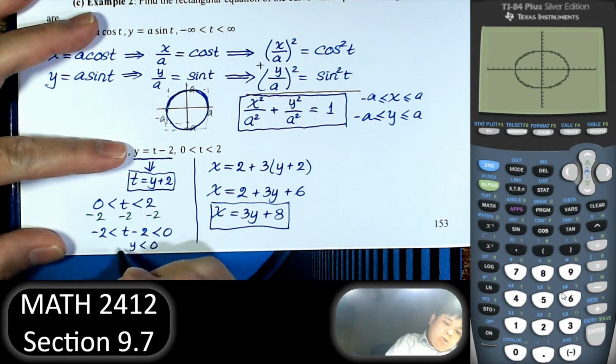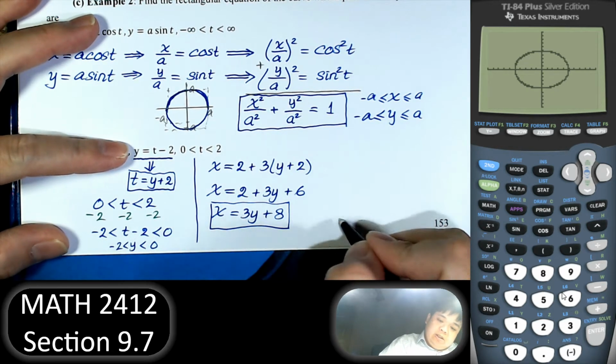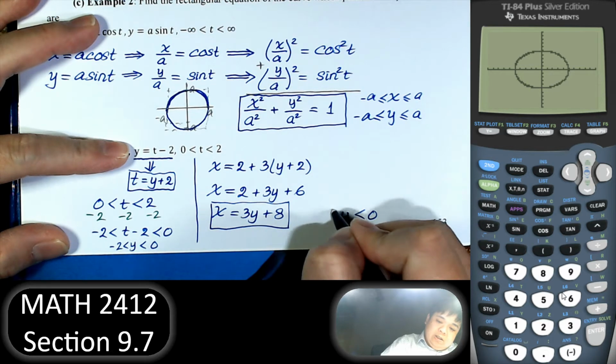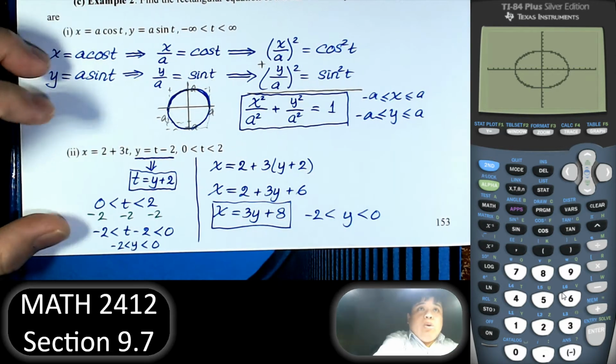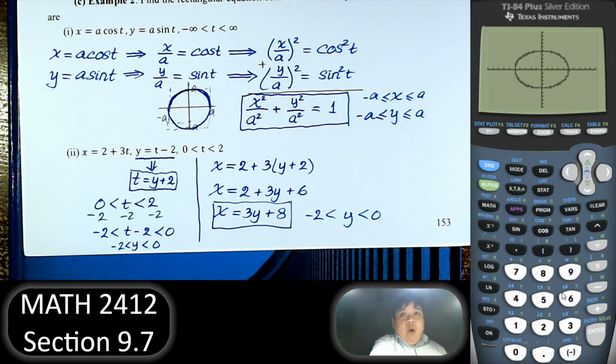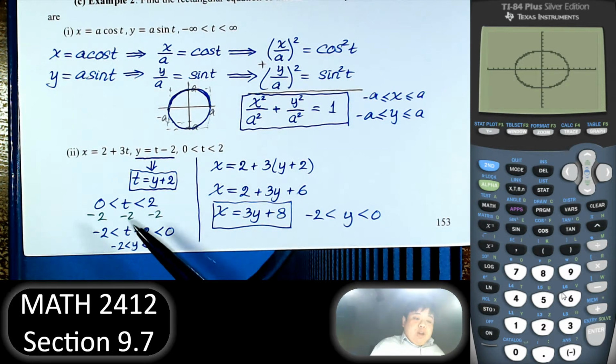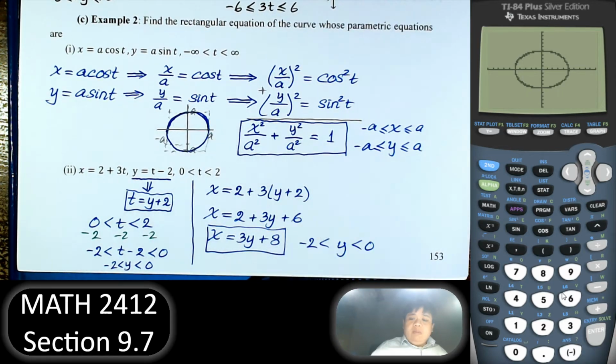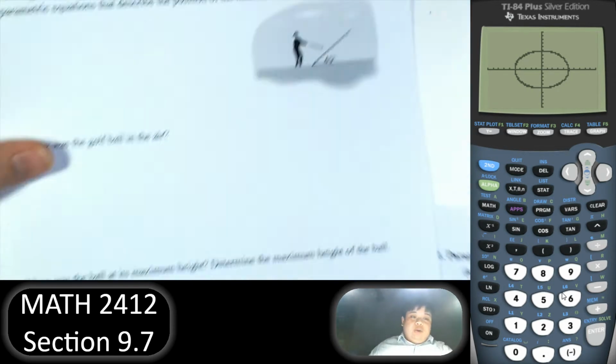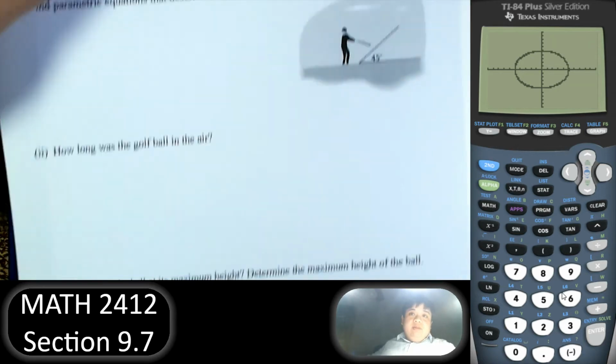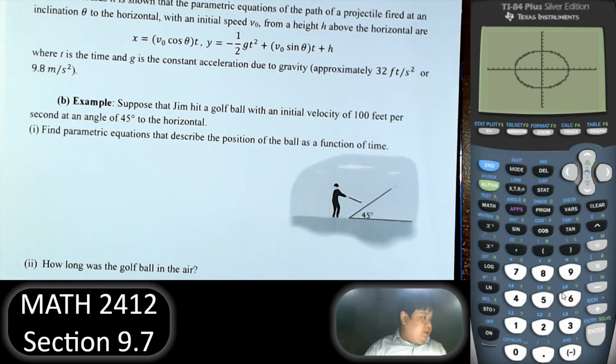So y is between negative 2 and 0. Right. So those are the two ways to eliminate the parameter and turn that into rectangular form. One is to solve for t and substitute in the other equation, and the other is if we have sine and cosine, square both sides. Cosine squared plus sine squared is 1.